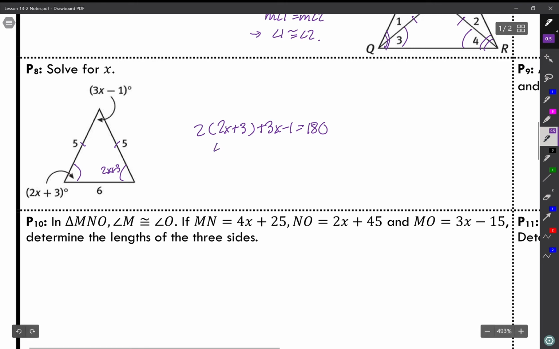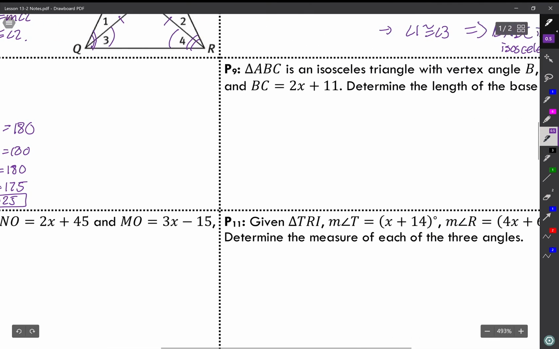So 4x plus 6 plus 3x minus 1 equals 180. 7x plus 5 equals 180. 7x equals 175. 175 divided by 7 is 25. So x is equal to 25. That is number 8.